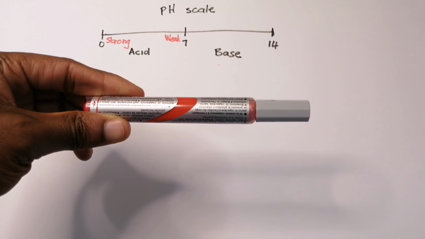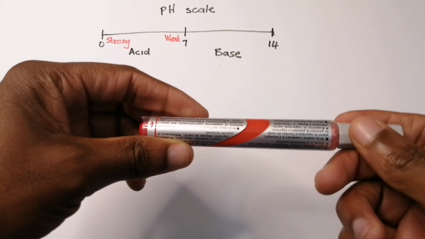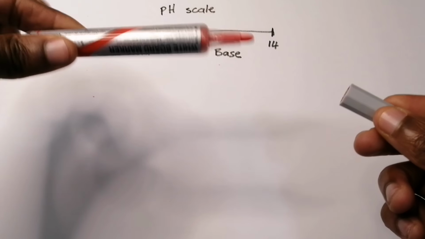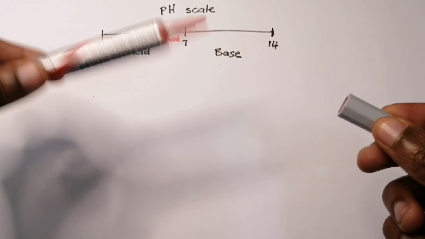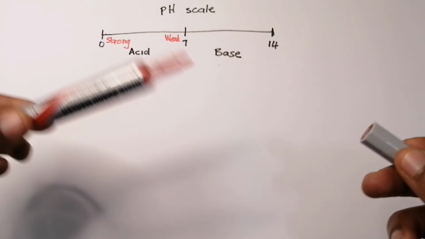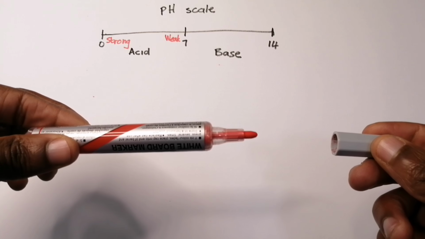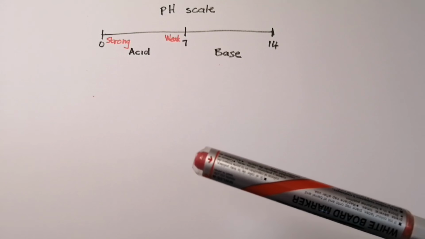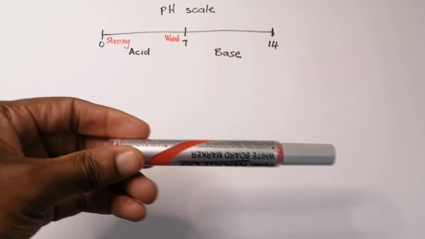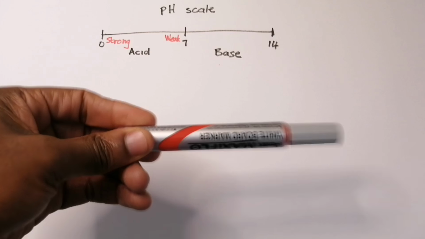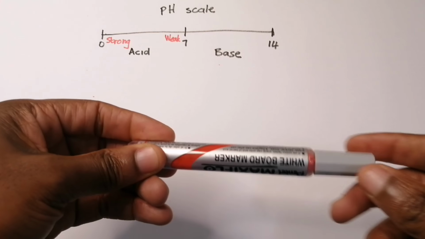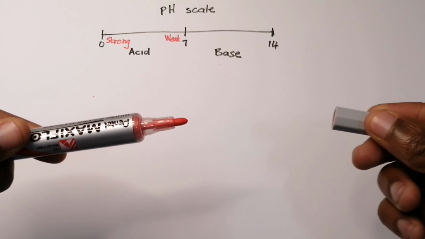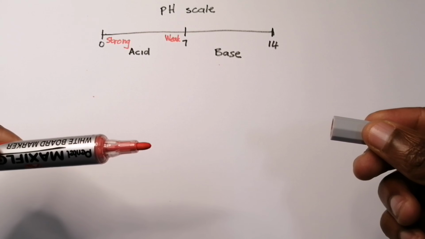So what happens with an acid? It breaks down to give you H+, and then you have the other part, depending on which acid it is. So with a strong acid, if you've got, let's say, 10 moles, all of them are able to break down into the H+ and the other part.